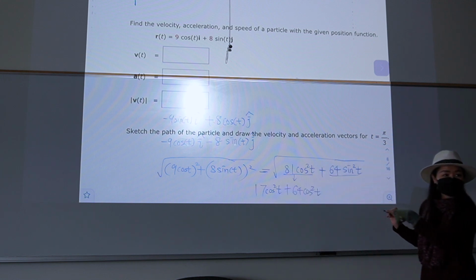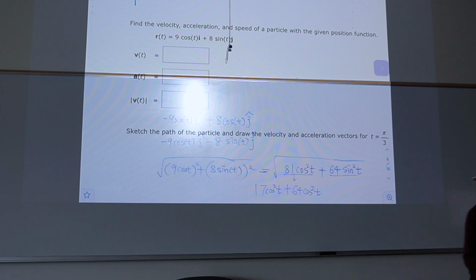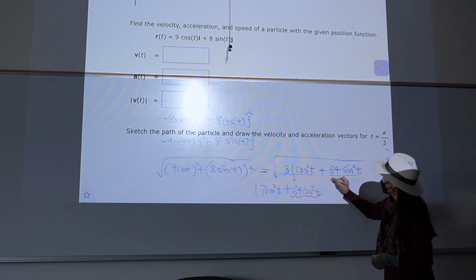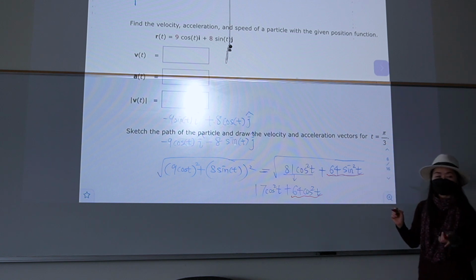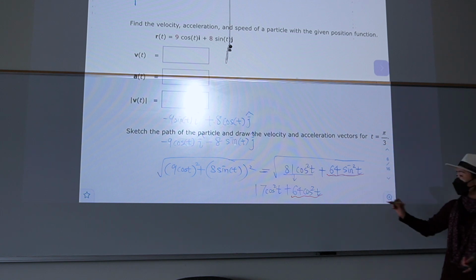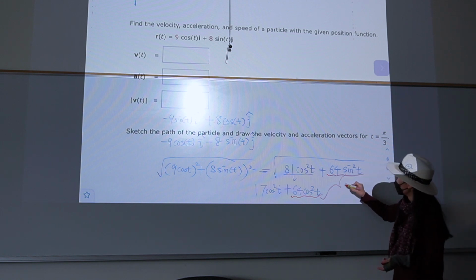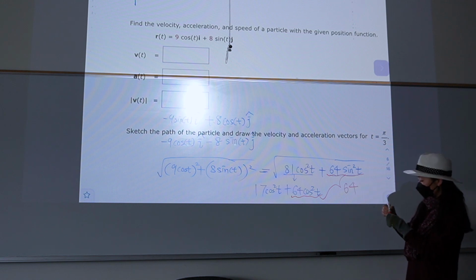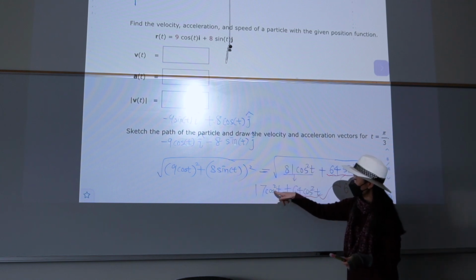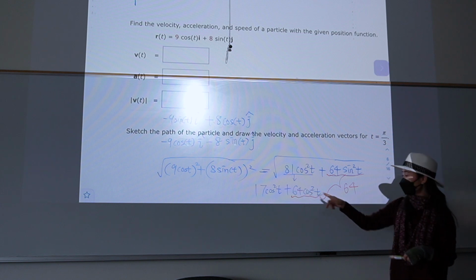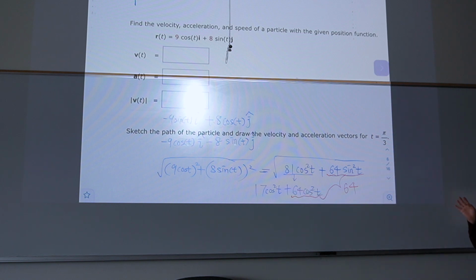The reason is that these two added together give 64. So the answer here will be the square root of 17 cosine squared t plus 64, right? Okay, good. Good job.